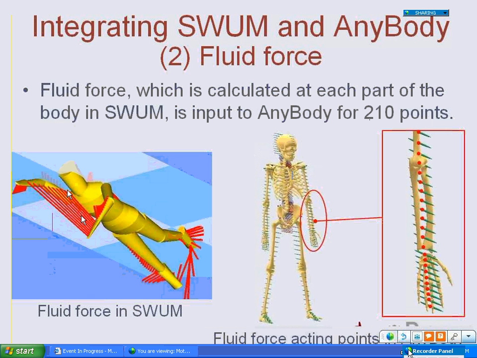These red lines represent each fluid force acting on each part of the body. The number of these lines is 210. So we define 210 points for external force in the AnyBody modeling system. This figure shows the fluid force acting points in AnyBody. You can see these red points, on all these points the force is active.